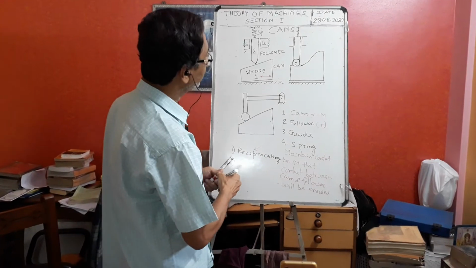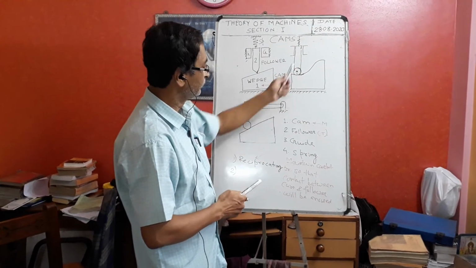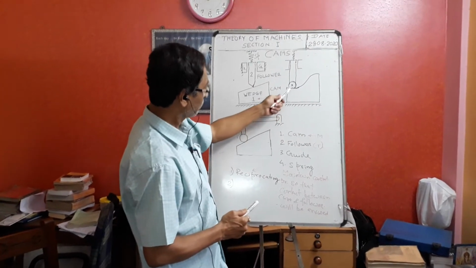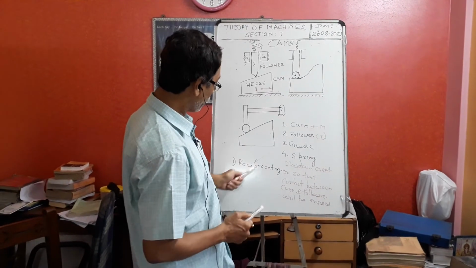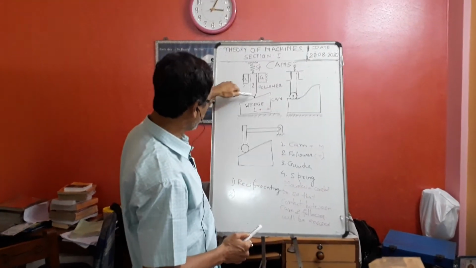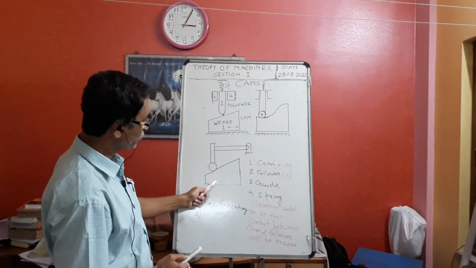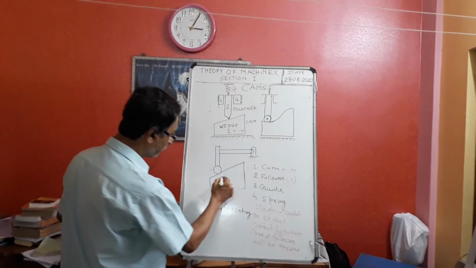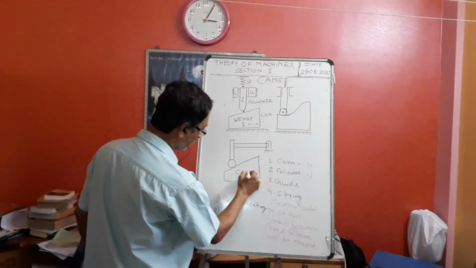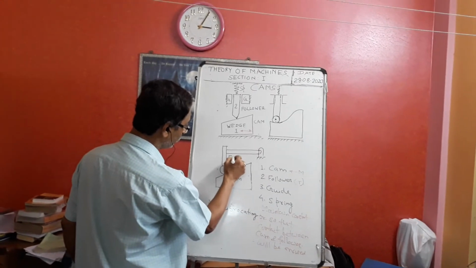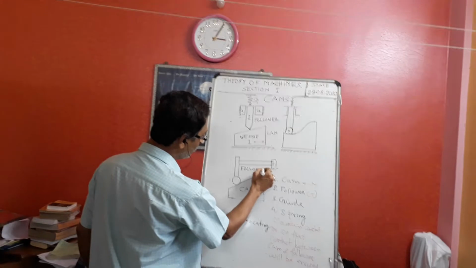And here, if you see, this is another arrangement. The follower motion can be reciprocating, up and down. If you see this one, this is the cam and this is the follower.